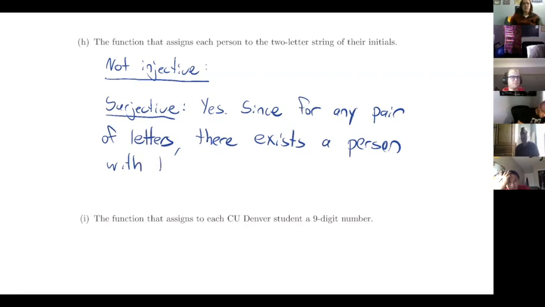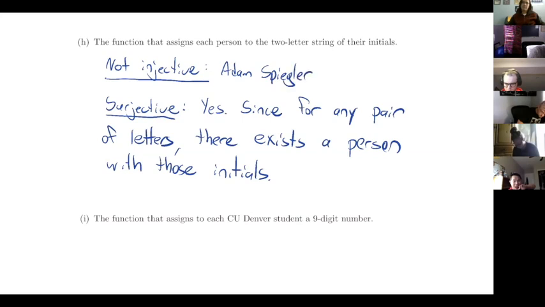So we're not proving or disproving bijectivity. We're just saying it's either not injective or surjective. So here's a proof that it's surjective, and then the proof for not injective would be me and Alex.